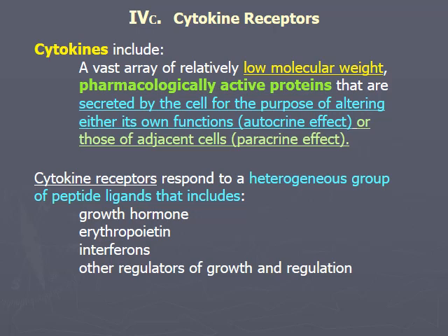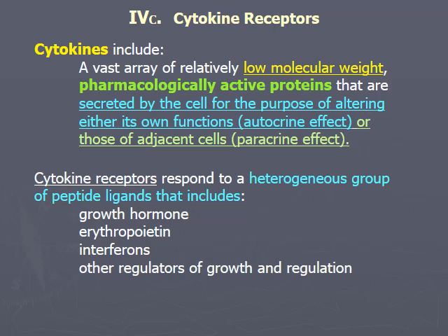So either to act on the cell that released it, that would be called autocrine, or to act on nearby cells, that would be called paracrine. Okay, so cytokines have autocrine or paracrine effects, and because of that, we don't really consider them hormones, right? Hormones would be synthesized in a certain tissue, released, would travel through the circulatory system to a target at some distant location. Cytokines act locally.